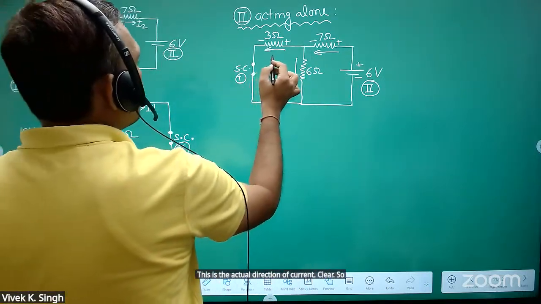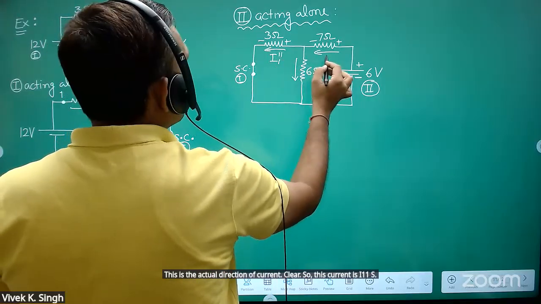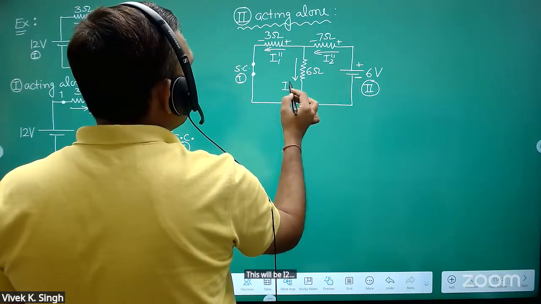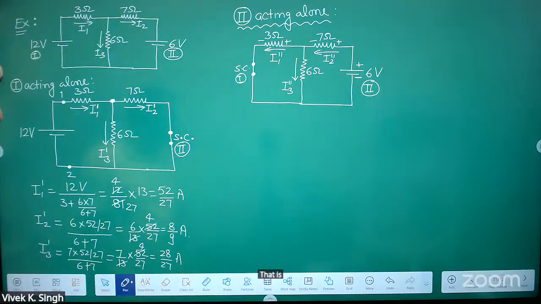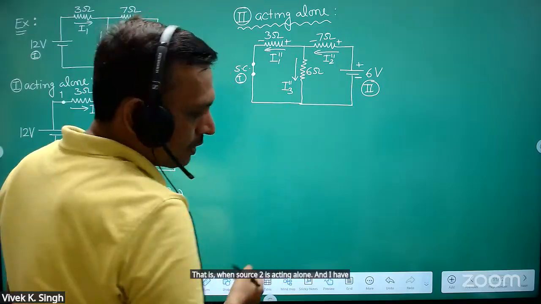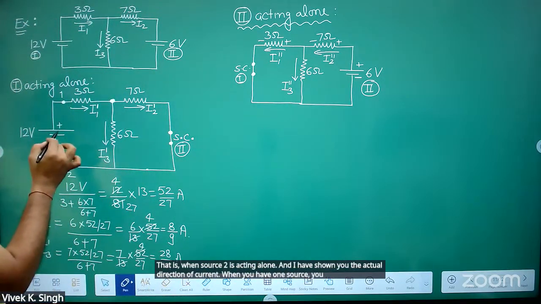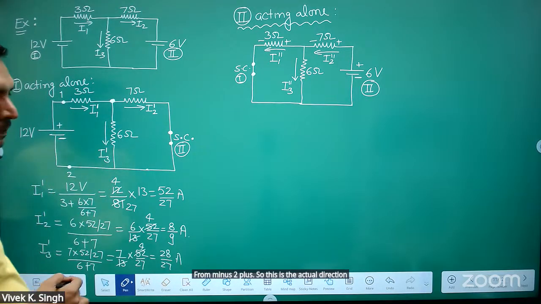So this current is I1 double dash, this will be I2 double dash, and this will be I3 double dash. Double dash means that is when source 2 is acting alone. And I have shown you the actual direction of current, from minus to plus.